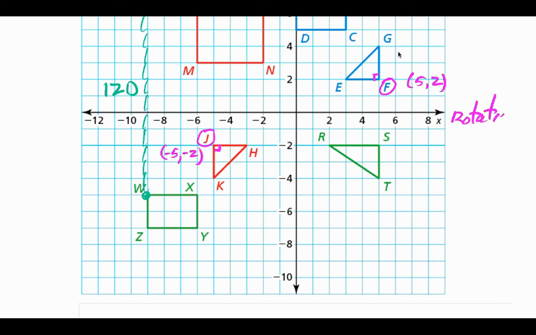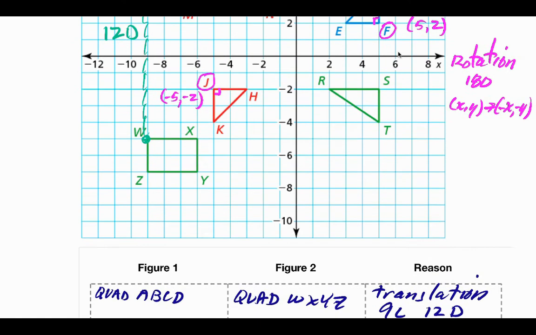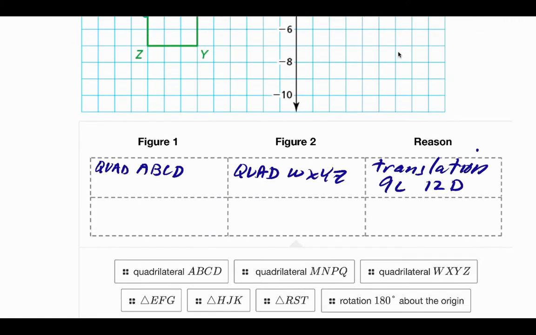And again, if you look at your notes, you'll see that it would be a rotation of 180 degrees, because the rule was (x, y) goes to (negative x, negative y). And that's what you have here. 5 and 2 went to negative 5 and negative 2. So we would have a rotation 180 degrees.